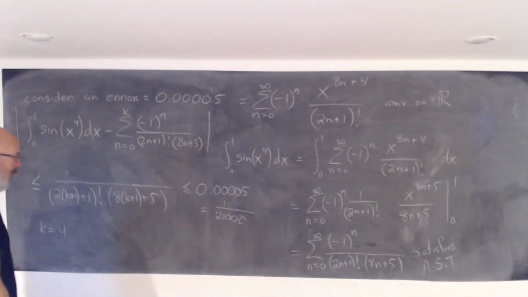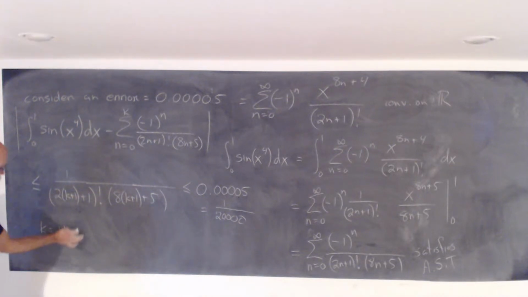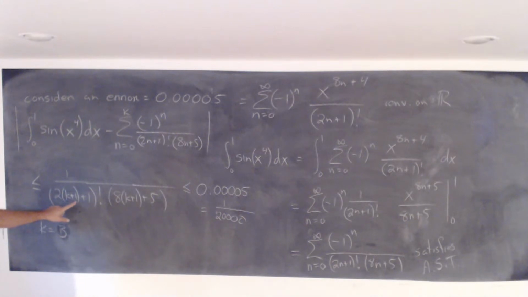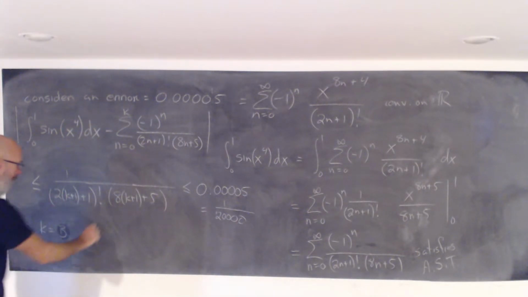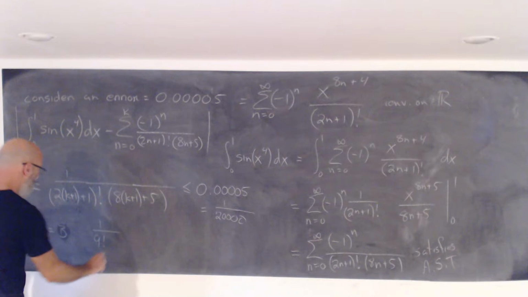That's probably fine. Let's try 3. 3 plus 1 is 4, that's 9. 1 over 9 factorial.